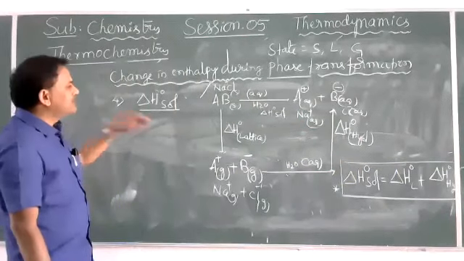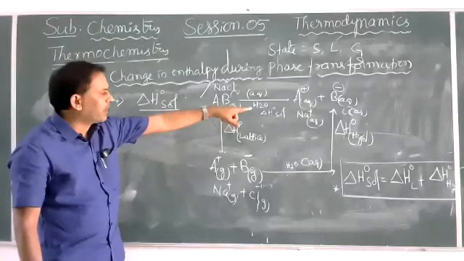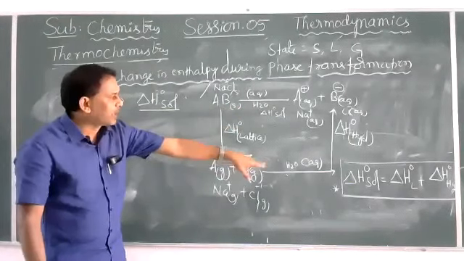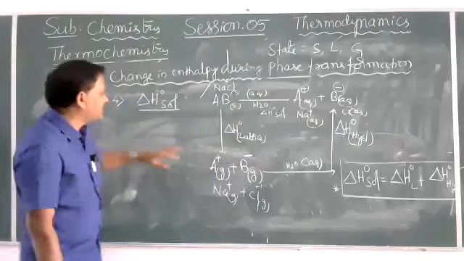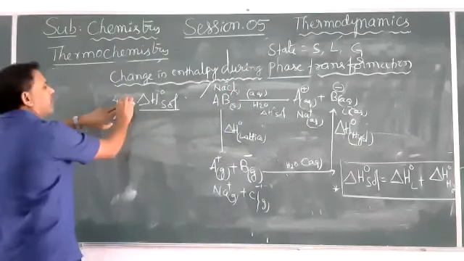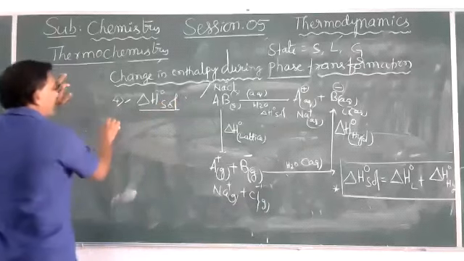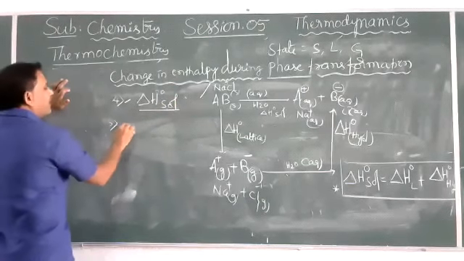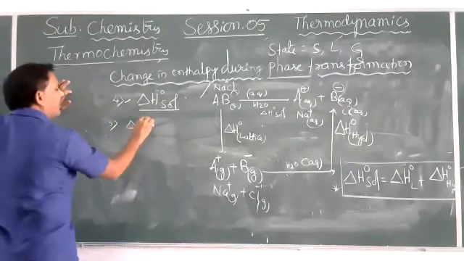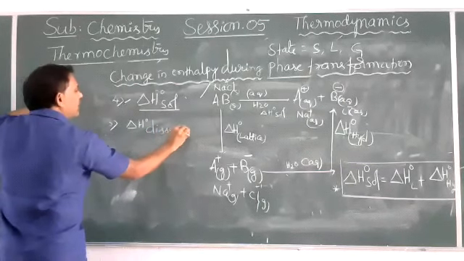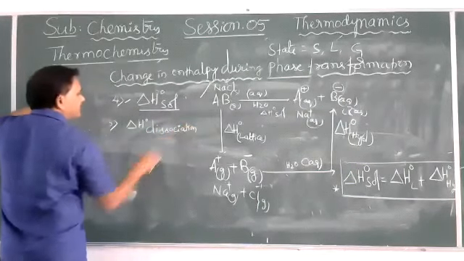Okay, phase transformation: solid to aqueous medium, solid to gas. The solid to aqueous medium, direct and indirect steps, we can calculate by using the enthalpy of solution. After this, the fifth one is enthalpy of dissociation. Sir, what is the enthalpy of dissociation?